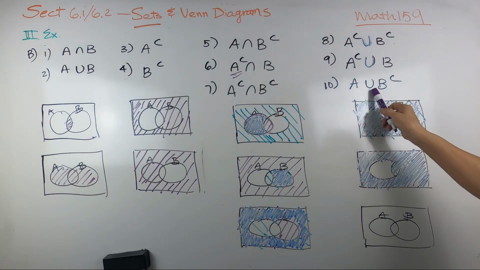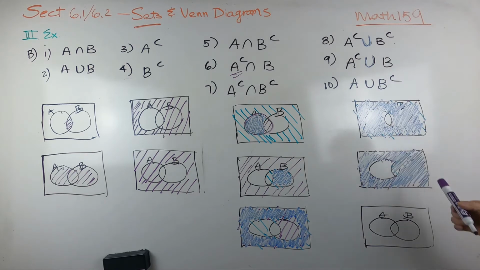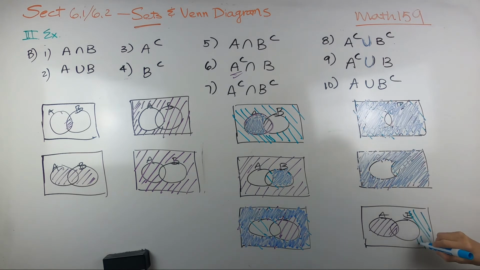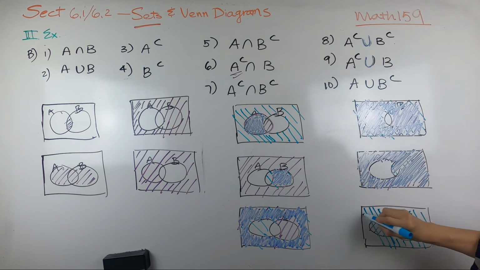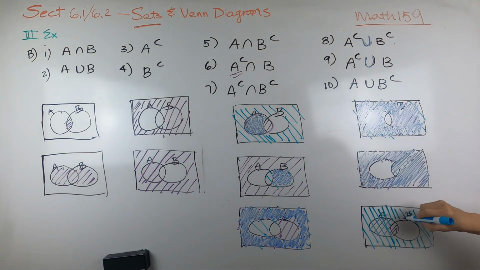How about A union B complement? So A is here, right? Then B complement will be outside of B. That would be outside of B. Right?